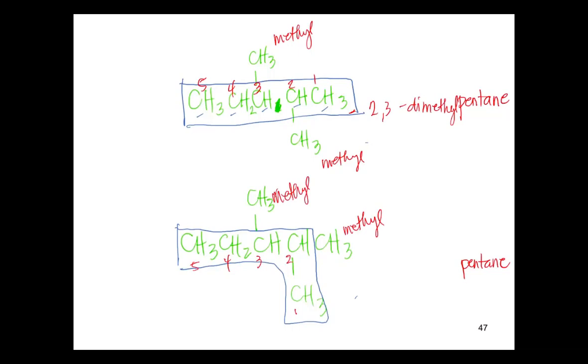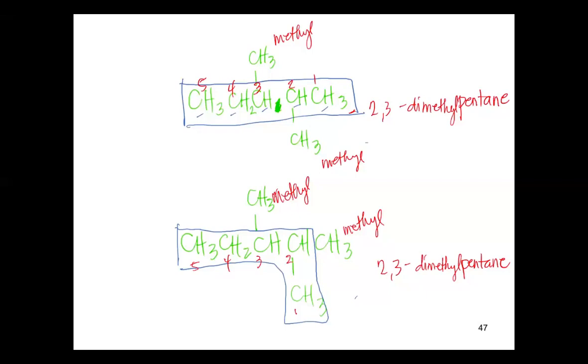Since pareho silang methyl, you still have 2,3-dimethyl pentane. Okay? So, there are those cases na merong parent chain na yung isa naka-straight, yung isa ay naka-bent. You will arrive at the same answer, most likely. Basta sure kayo na yun yung longest chain.